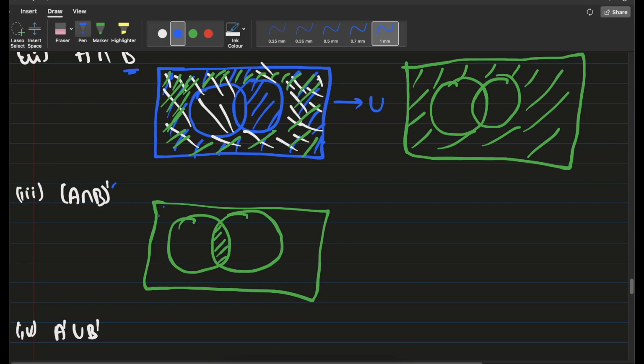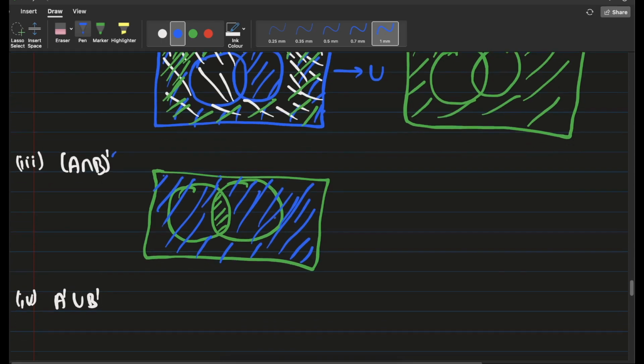So our shaded area will be, I am shading it with blue color. This whole area is (A intersection B) complement.